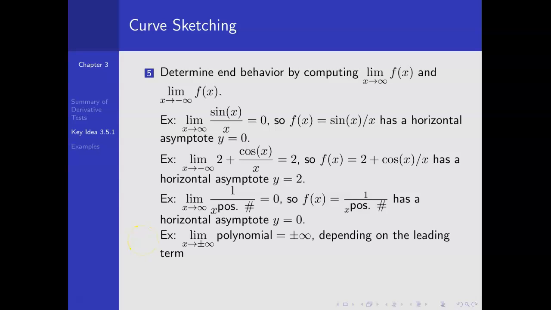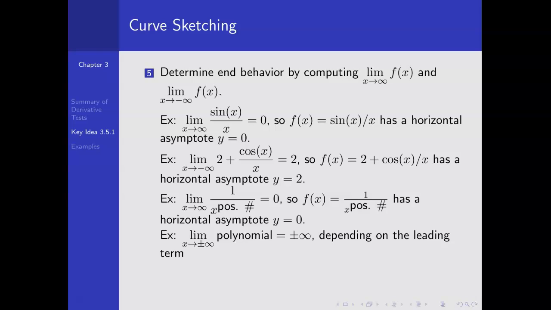We also are interested in what happens with polynomials in terms of end behavior, meaning as x goes to infinity or negative infinity. Always, always, always, what happens with the polynomial when x goes to infinity or negative infinity depends on the leading term, the biggest term, the one with the largest power of x.